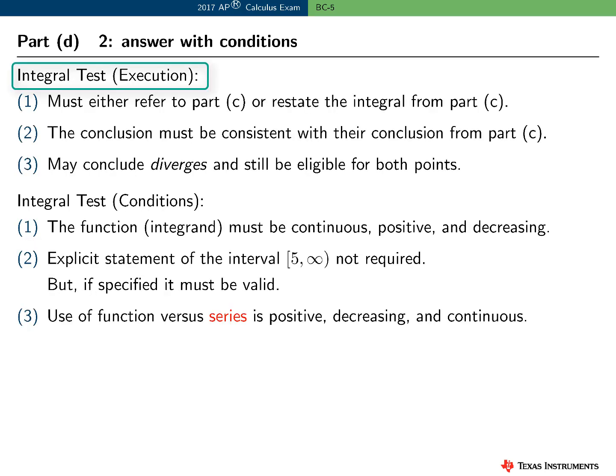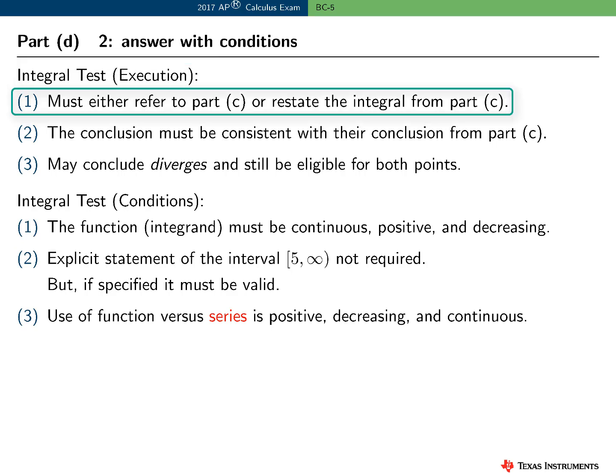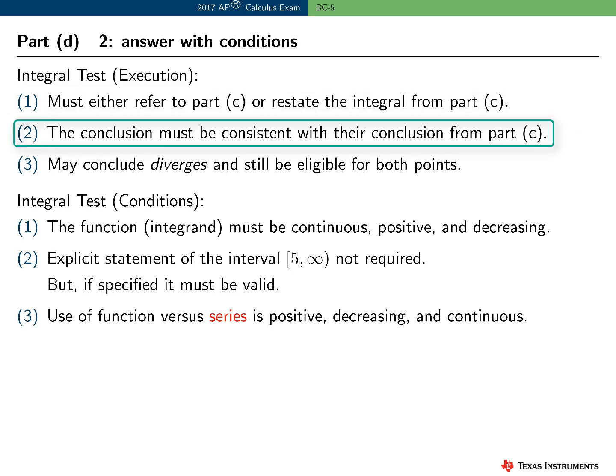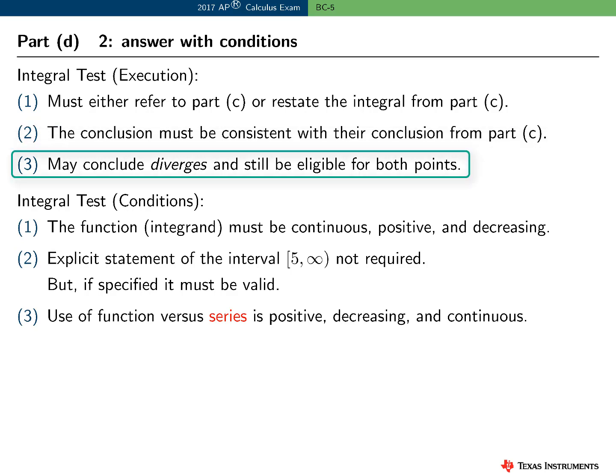The sequence of questions in this problem, I think, should have led students to the integral test. Therefore, in using the integral test, the student must either refer to Part C or restate the integral from Part C. And the conclusion must be consistent with their conclusion from Part C.